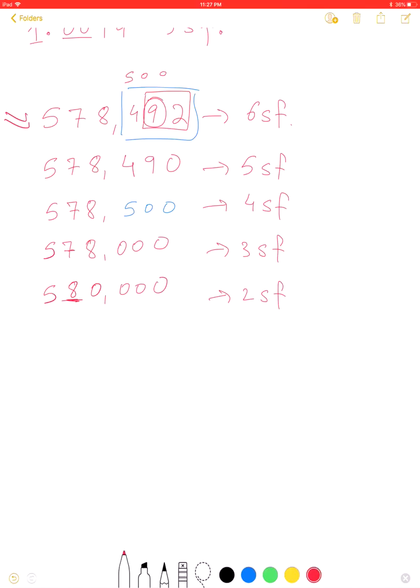So here it is rounded off to 2 significant figures. And then finally 1 significant figure, so that means either we can keep it as 500,000 or round it up to 600,000. Now 578,000 is definitely closer to 600,000. So here we have it rounded off to 1 significant figure.